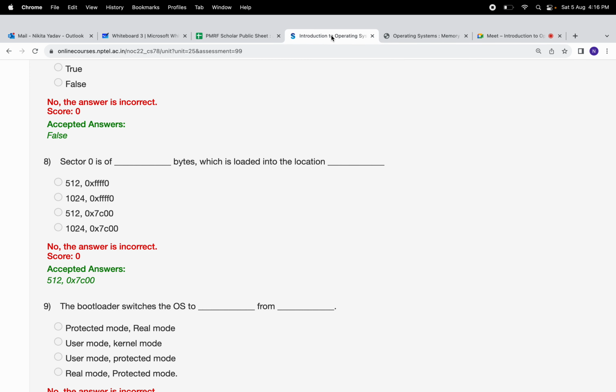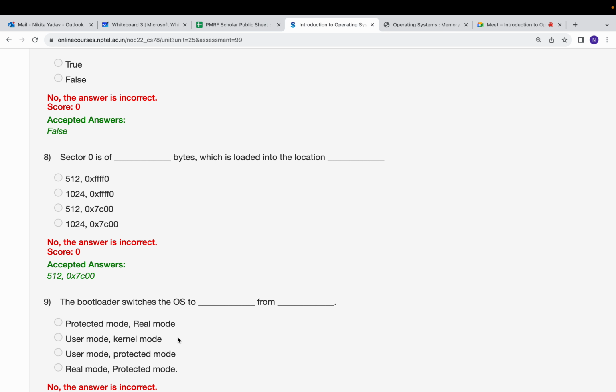Yeah, option A is right. So the bootloader switches the OS to protected mode, that is when the OS is running in 32-bit mode, when it can use the entire memory, the entire RAM region, 4 gigabytes.